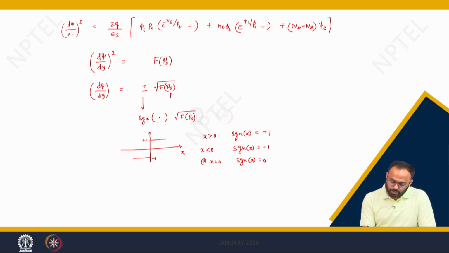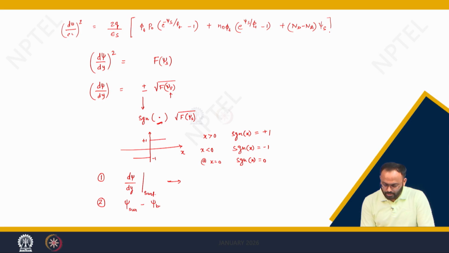But I need to choose what parameter I should keep in this parenthesis. I can choose any parameter which will give me the direction of the electric field. For example, I can choose the electric field at the surface minus that towards the bulk. Another parameter I can choose is the potential at the surface minus the potential at the bulk.